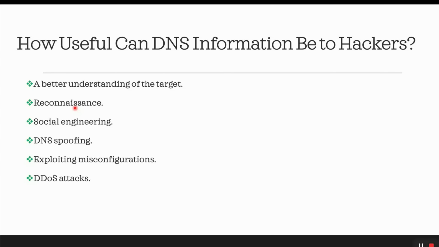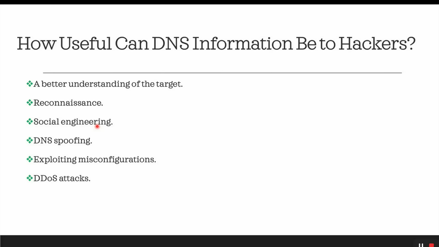By querying the DNS servers, hackers can gather details such as IP addresses, domain names, mail servers, and network configuration. This information can help the attacker map the target's network and potentially identify vulnerabilities.